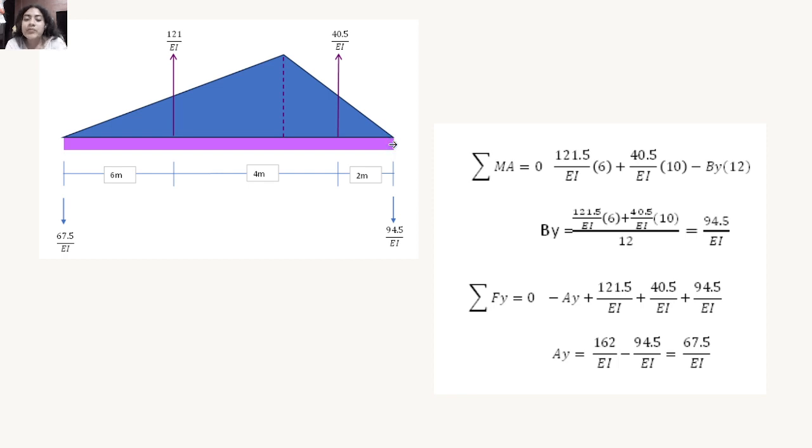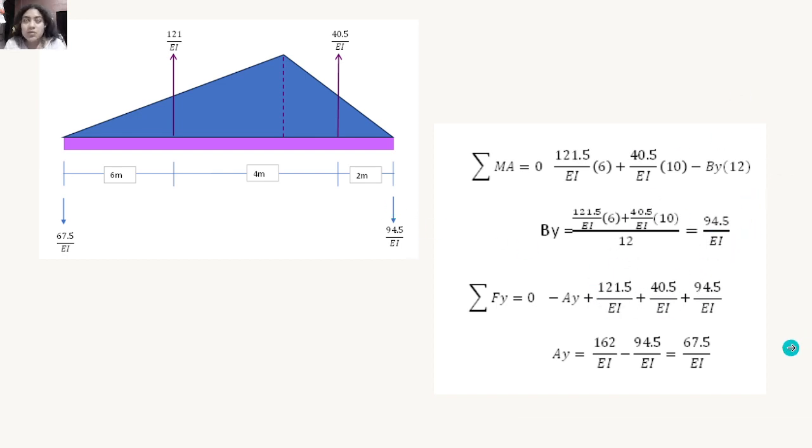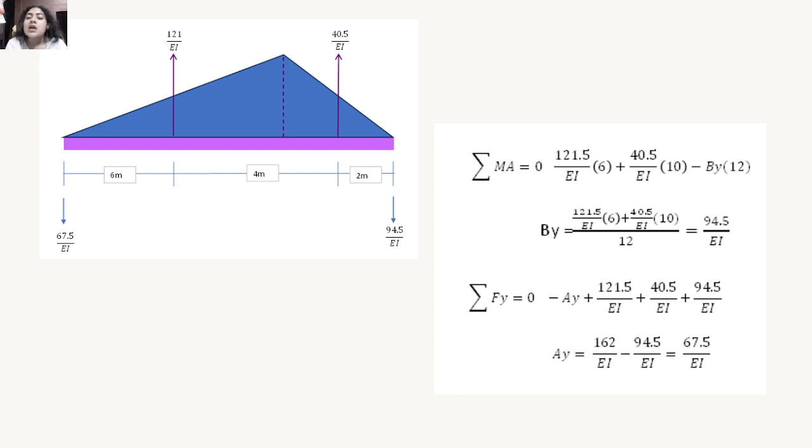And then I resolve my equation, and Bj results to 121.5 multiplied by 6 plus 40.5 multiplied by 10, all divided by 12, and that equals 94.5 divided by EI, the elastic modulus.